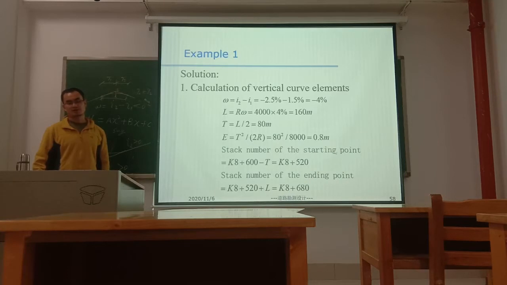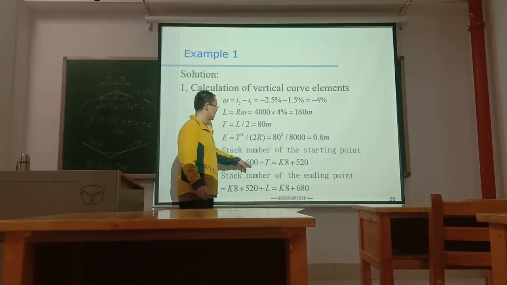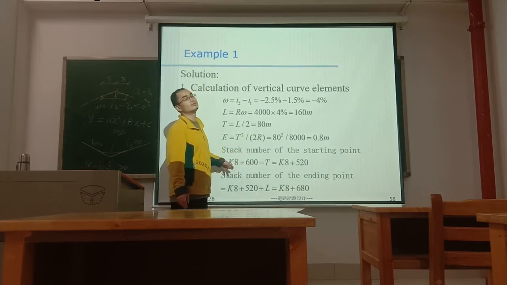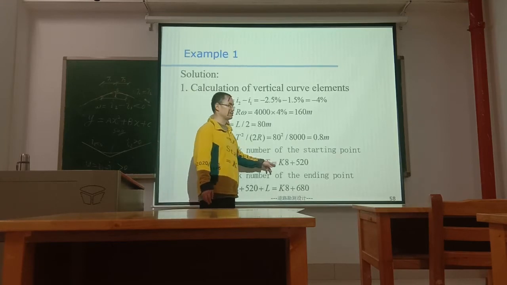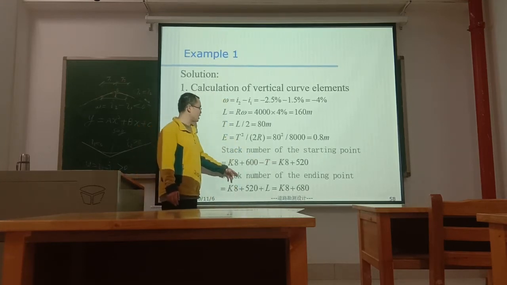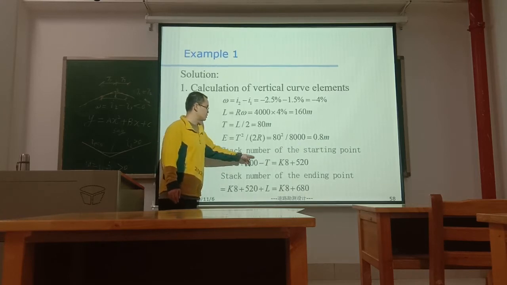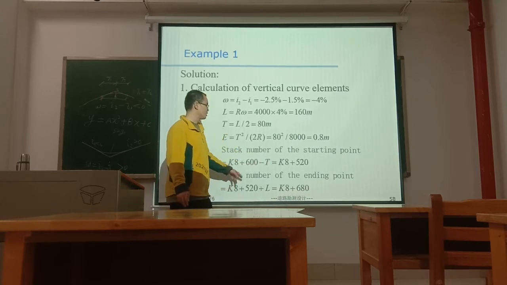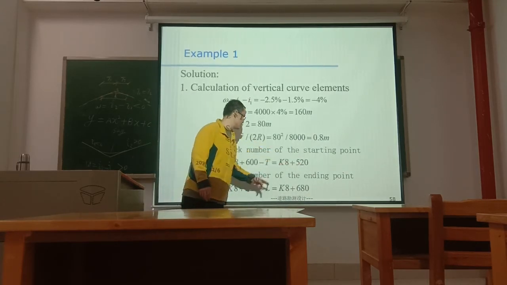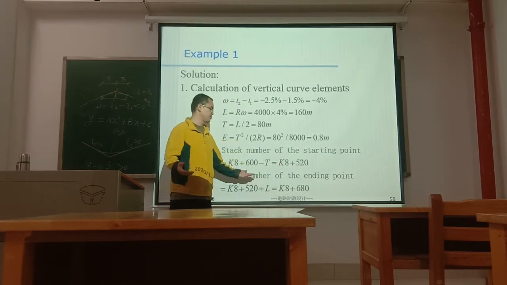The stack number of the starting point of the vertical curve is the stack number of the grade change point minus T. The stack number of the ending point is equal to this value plus T, or the starting point plus L, which is the same.